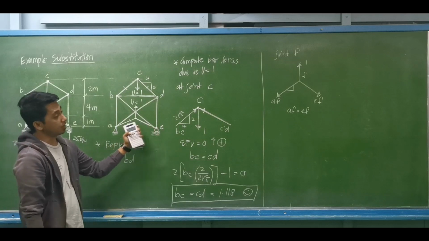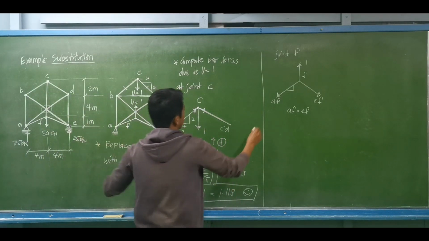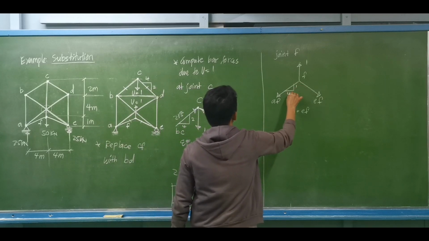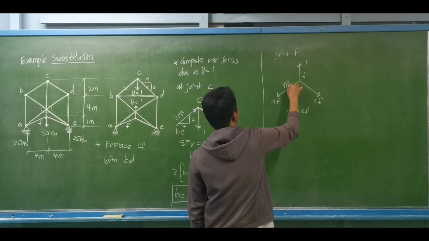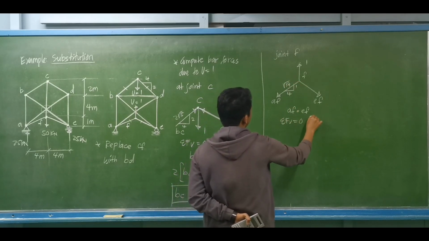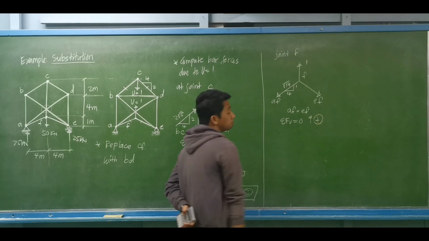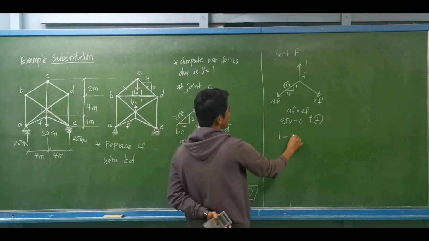They are identical. So the slope is a rise of 1, horizontal of 4, so 16 plus 1, this is the square root of 17. So you have summation of forces, vertical equals 0, upward forces to be positive. So we have the upward force is 1 minus 2.